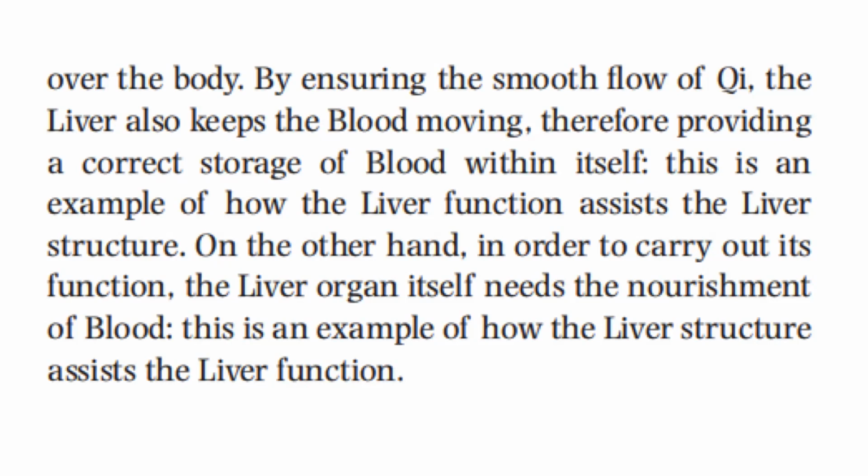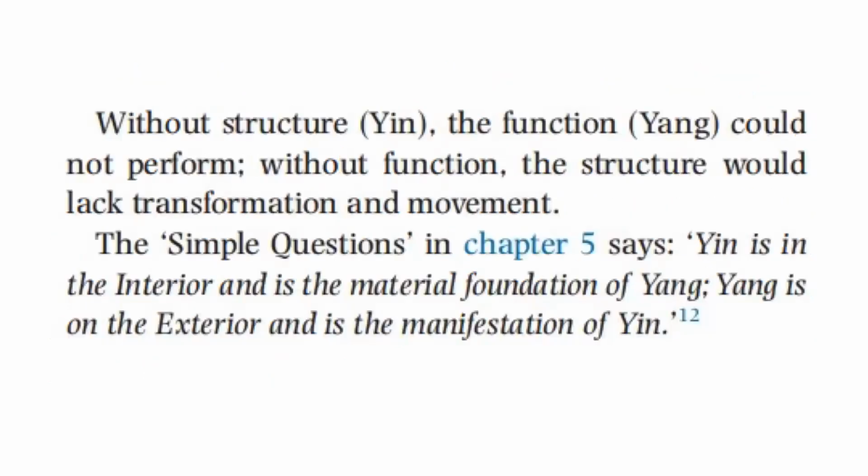This is an example of how the liver structure assists the liver function. Without structure, which is yin, the function, which is yang, could not perform. Without function, the structure would lack transformation and movement.